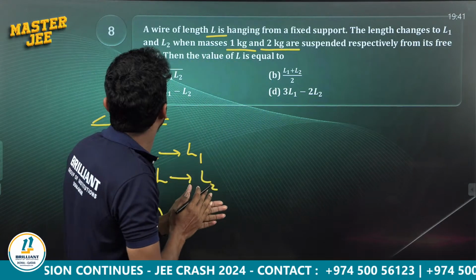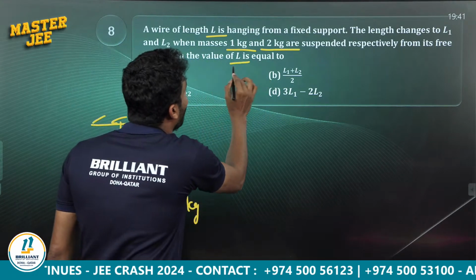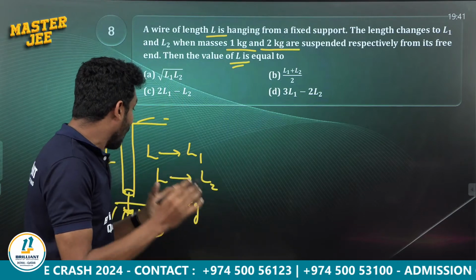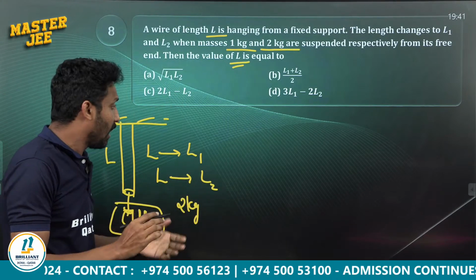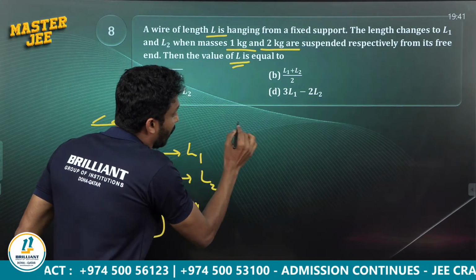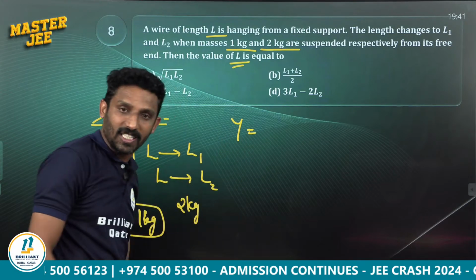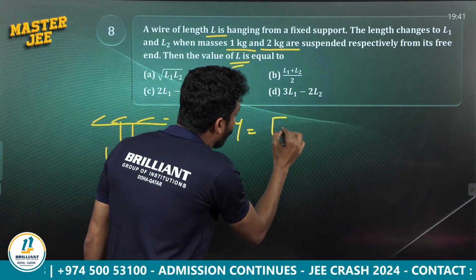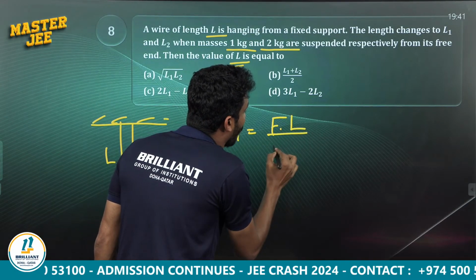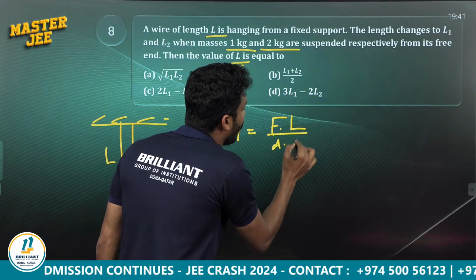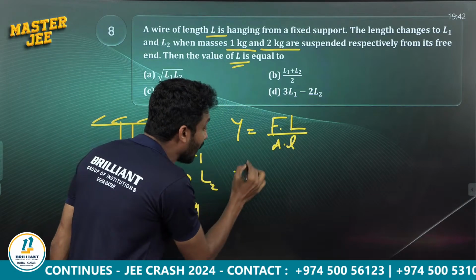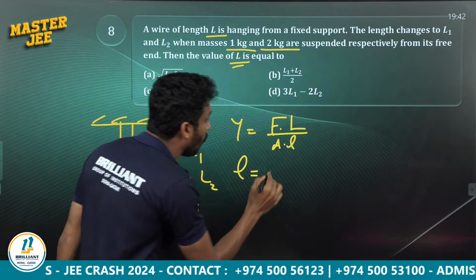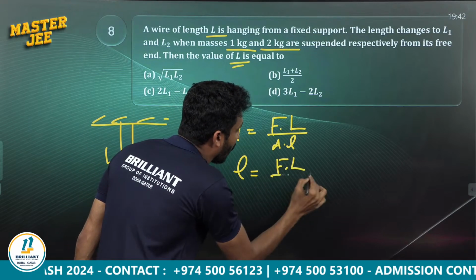Then what is the value of L asked? First I write the equation of Young's modulus: Y is equal to F into original length divided by A into elongation. Then the elongation is FL divided by AY.